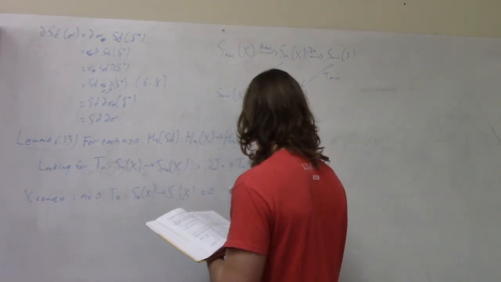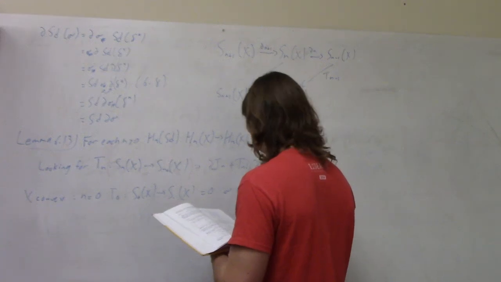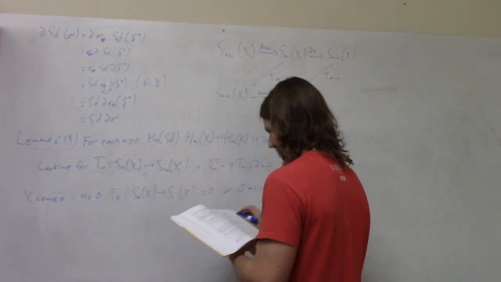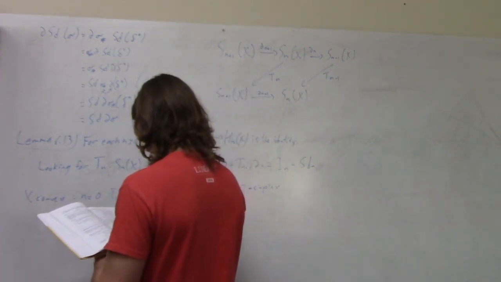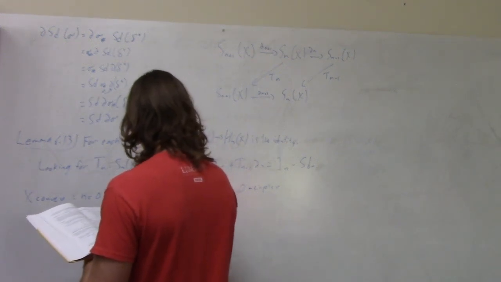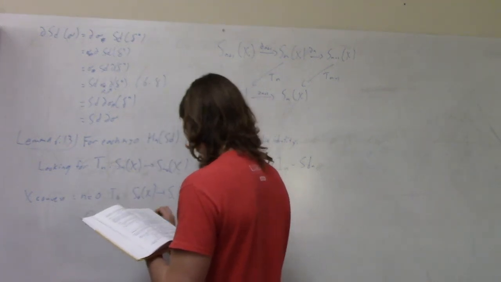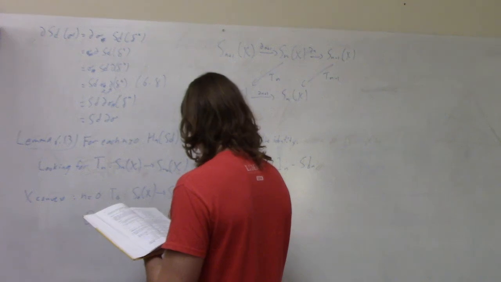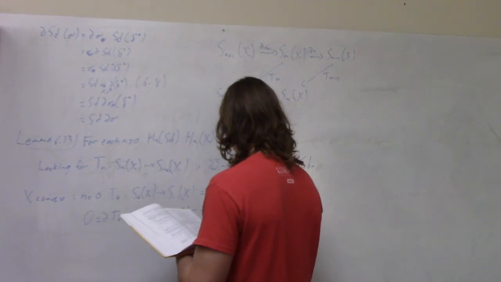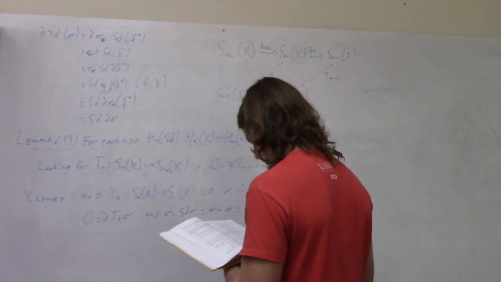And if sigma is a 0 simplex, then the boundary of T0 sigma, because T0 of 0 is going to be 0, and sigma minus SD sigma is equal to sigma minus sigma, is equal to 0.